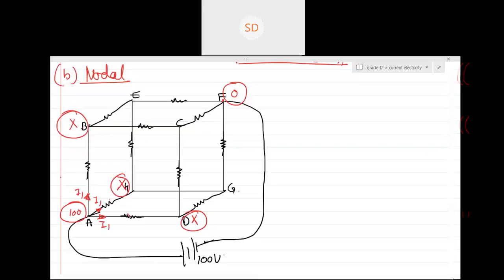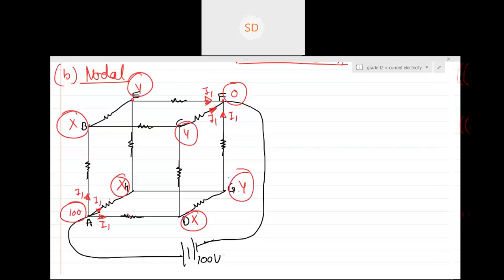The same current I1 should reach the battery from here. I1, I1, and I1. So can I name these as Y, Y, and Y? Can you see all the 8 vertices, all the 8 joints are named now? How many variables?